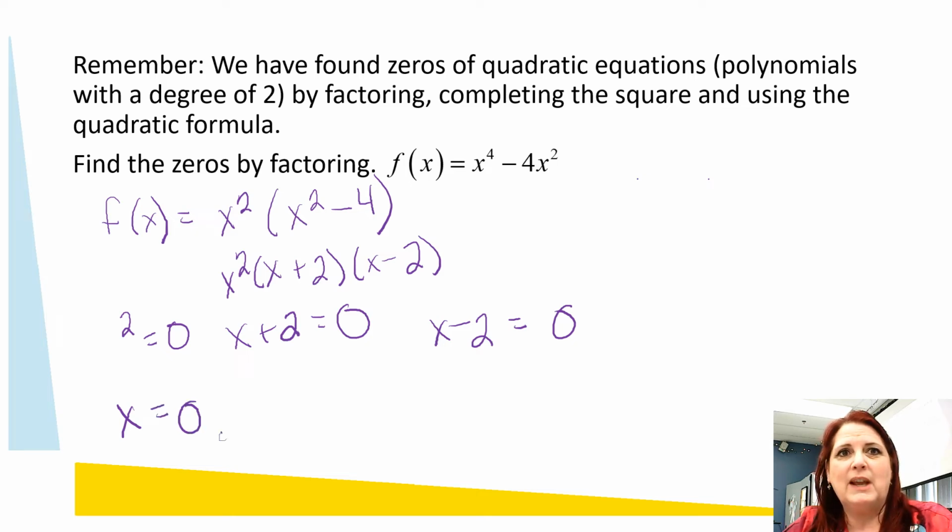And we're also going to have, when we subtract 2 from x plus 2 equals 0, x is equal to negative 2. And then when we add 2 to x minus 2, we'll have x also equal to 2. So our answer is x equals 0, negative 2, and 2.